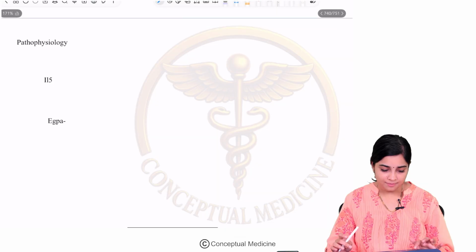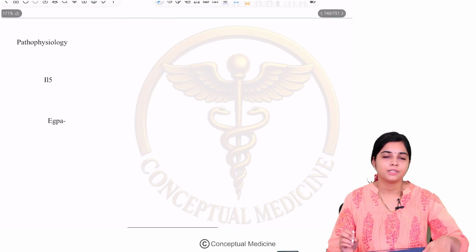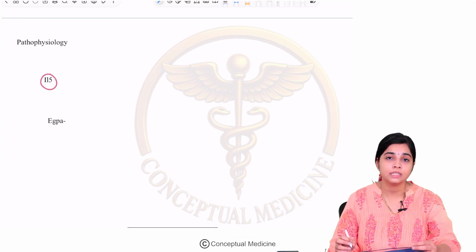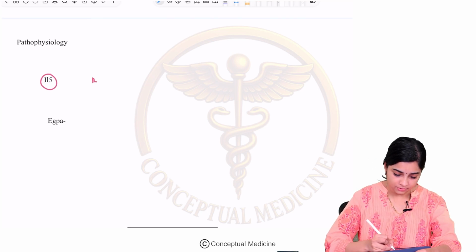So what is the pathophysiology of these eosinophilic lung disorders? The major pathophysiology that has been found is a dysregulation in interleukin-5 production. We know that interleukin-5 is involved in the stimulation of eosinophils.